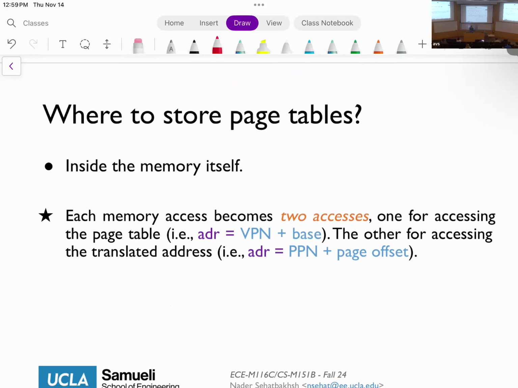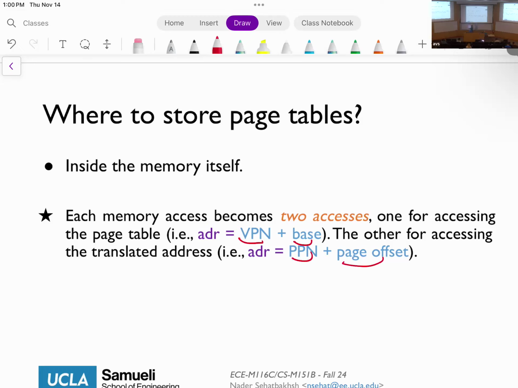All right, so when we say a memory access, the reality is that a memory access is really two accesses. The first access is for getting the VPN plus base, okay? Once you get that and read its content, you're going to have the PPN, and then the second access uses the PPN plus page offset.